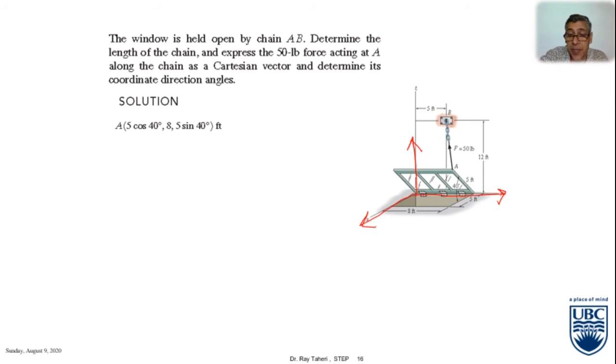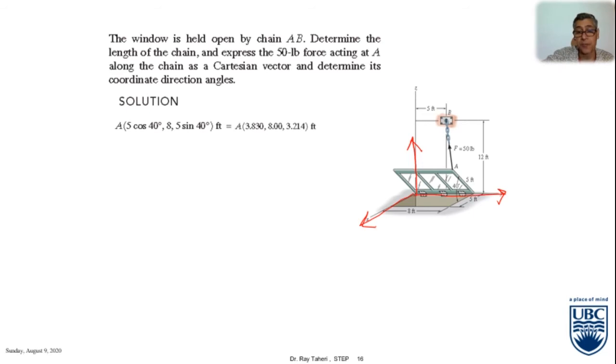So for this point, the length of 5 multiplied by cosine of 40 degrees is the x. The y component is actually 8, because this door pivot, it doesn't matter what the angle is, it's always going to be 8. And if this is 40 degrees, the other side is 50 degrees, so the z component is 5 cosine 50 or 5 sine 40. So these values are exactly here.